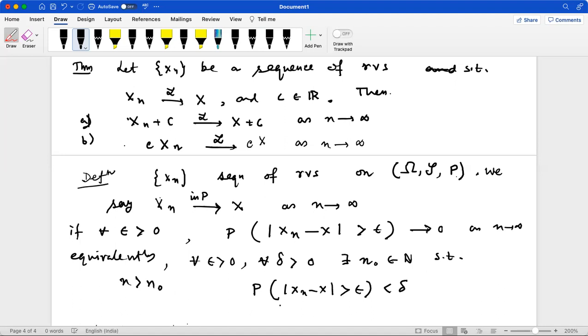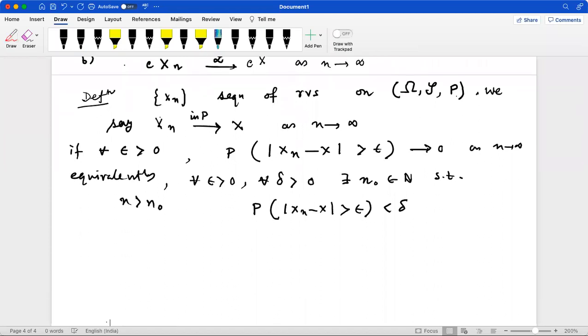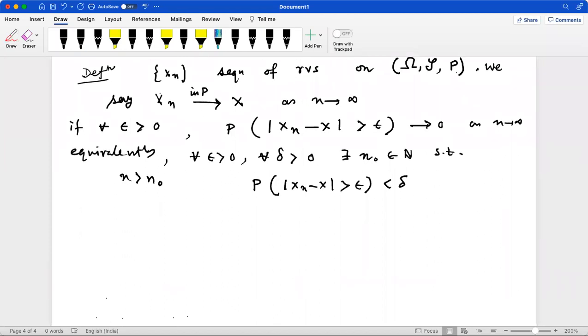Obviously it is greater than minus delta, because the probability is already positive, so no need to write that. It is just less than delta. You can use this also. So this is convergence in probability.